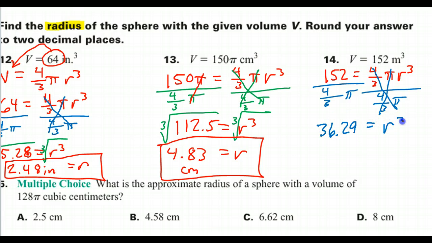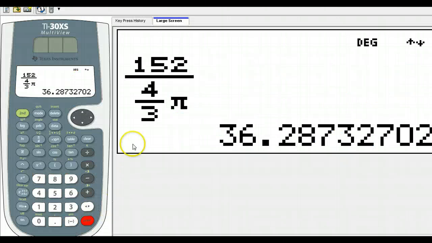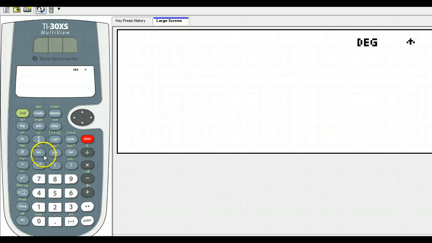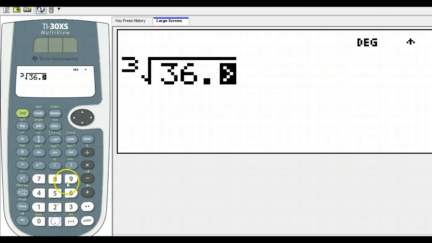So that equals r to the 3rd power. How do we uncube things? We do the cube root one more time. So the cube root of 36.29. Okay, 3 first, second caret, 36.29.